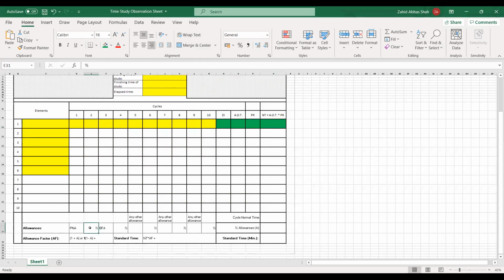And of course, here you can assign different allowances, personal need allowance, basic fatigue allowance, and any other allowances to come up with the total allowance. So you have this total normal time, you have found the allowances, and then you will apply the formula of the standard time to calculate the standard time.